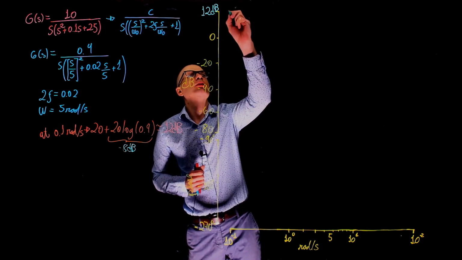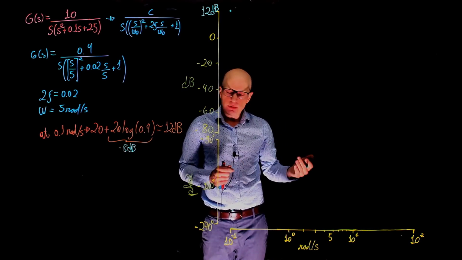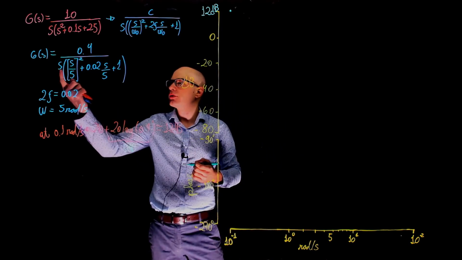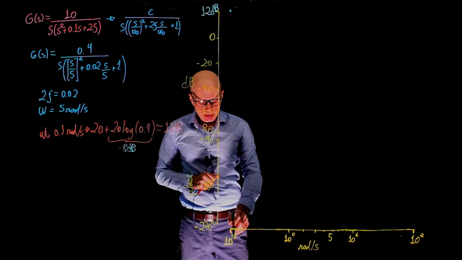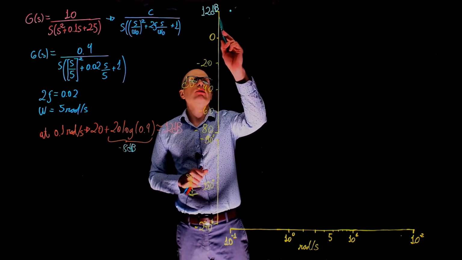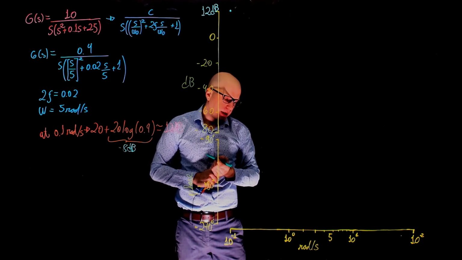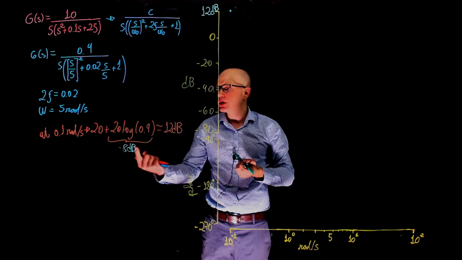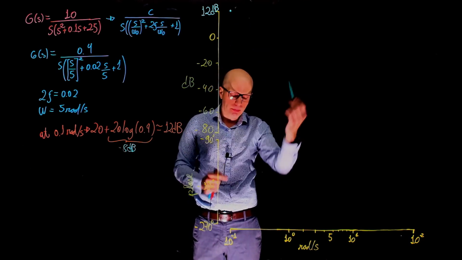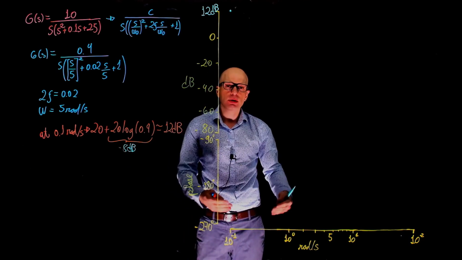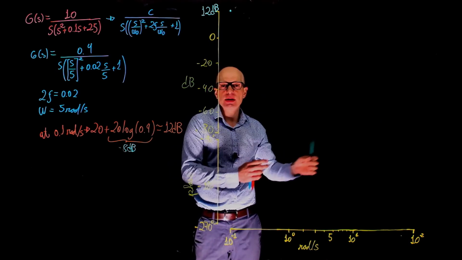right there. Now we can start to increase the frequency. As we increase the frequency, we always have to account now for this 1 over s, this pole at the origin. So if at 10 to the power of negative 1 we are at 12 dB, what would be the magnitude at 10 to the power of 0, at 1 radian per second? Well, the answer is negative 8 dB, or 12 minus 20. If the frequency is increased by 1 decade, then the Bode plot goes down by 20 dB. 12 minus 20 is negative 8.